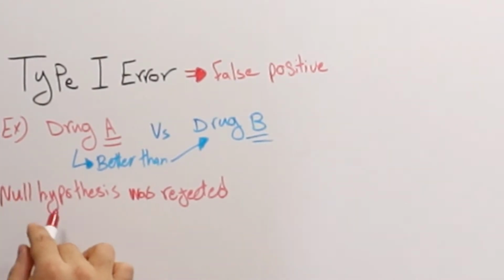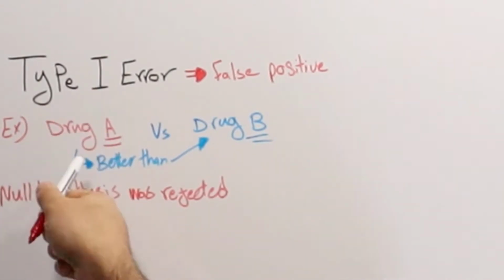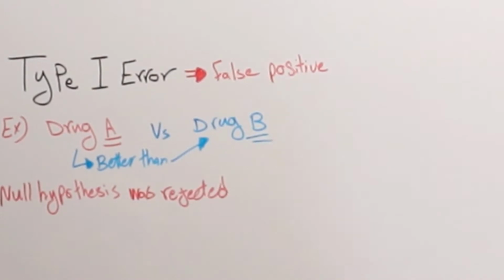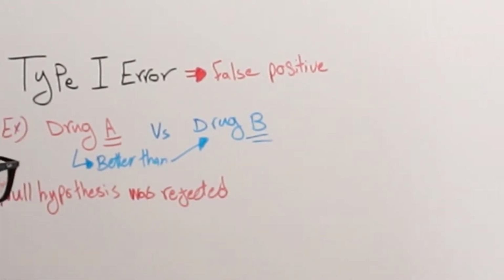However, the null hypothesis was supposed to be accepted, because due to an error this medication turned out to be better than the one that is already in the market, which is not true. And that's what type 1 error is: when we reject the null hypothesis incorrectly and we accept the alternative hypothesis.